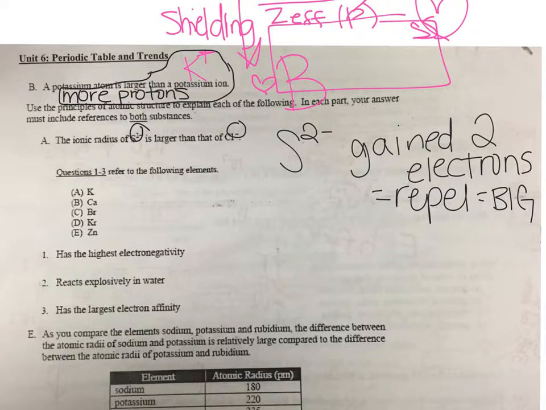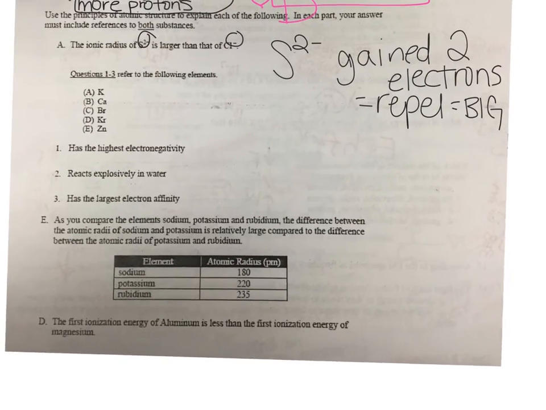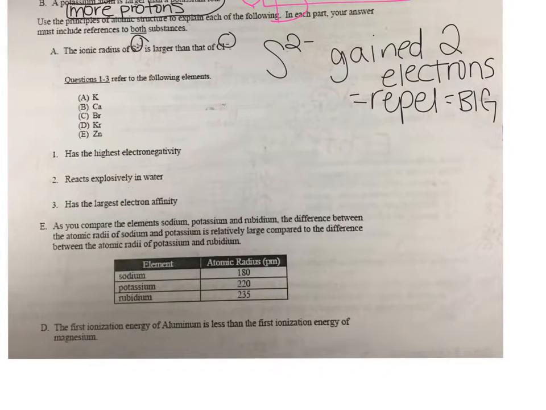All right. 1 to 3 refer to the following elements. So who has the highest electronegativity? Electronegativity is what trend? Radius or heart? Heart. Okay, so looking at your little picture that you just drew at the top, who has the highest electronegativity out of those guys? Br.